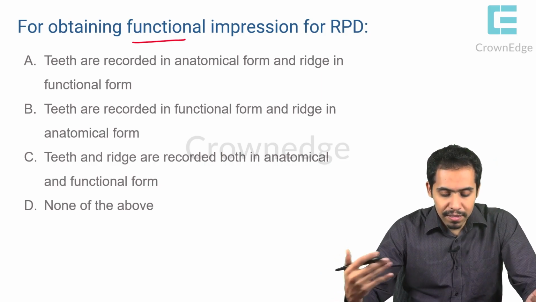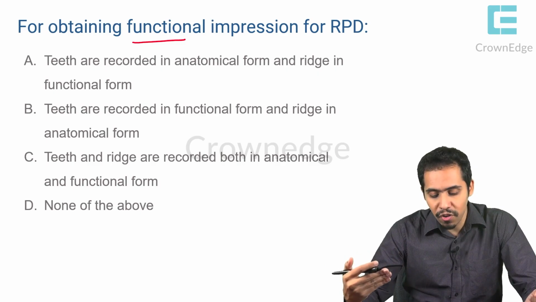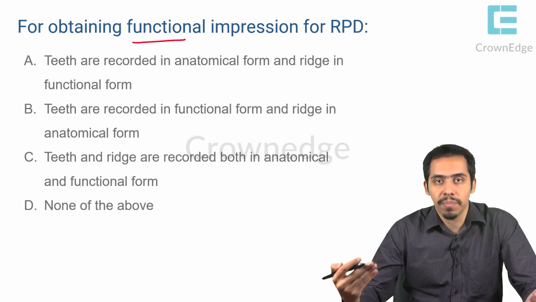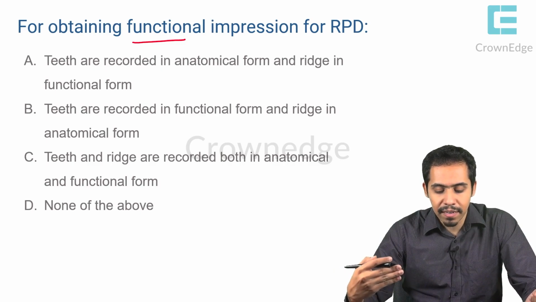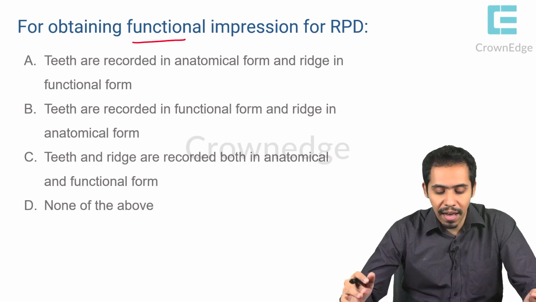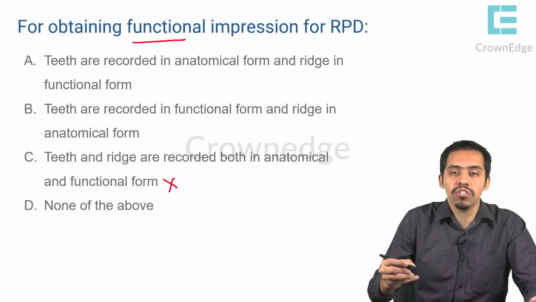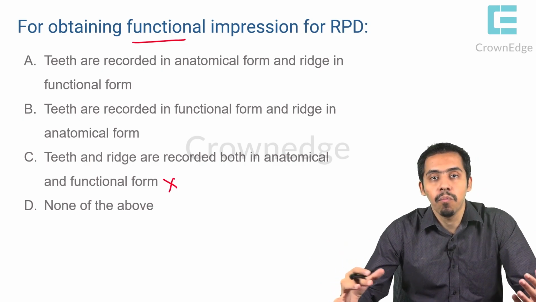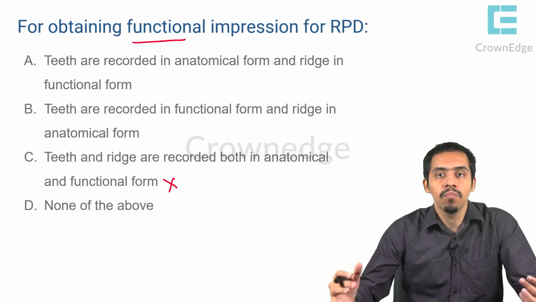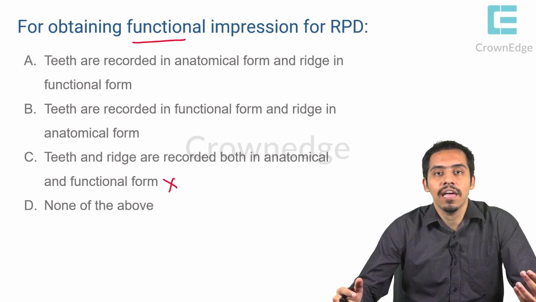The second is that teeth are recorded in the functional form and ridge in the anatomical form. The third says that both the teeth and ridge are recorded in anatomical and functional form. The third option is technically not possible because you cannot record all the tissues and the teeth both in the functional as well as in the anatomical, that is at rest.